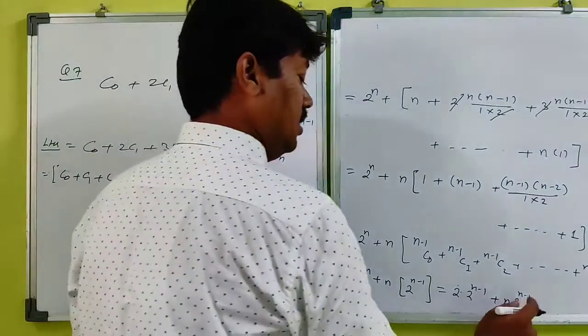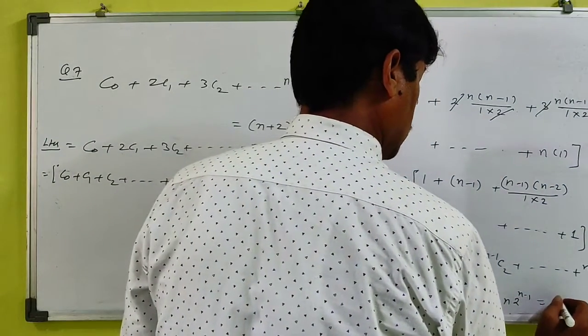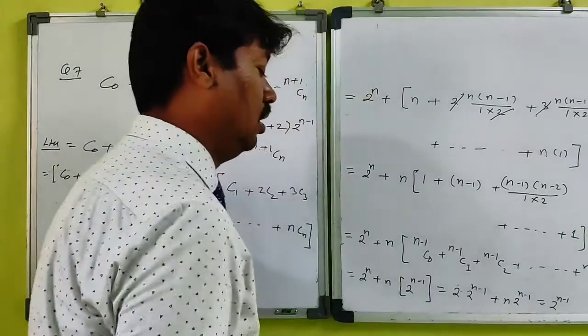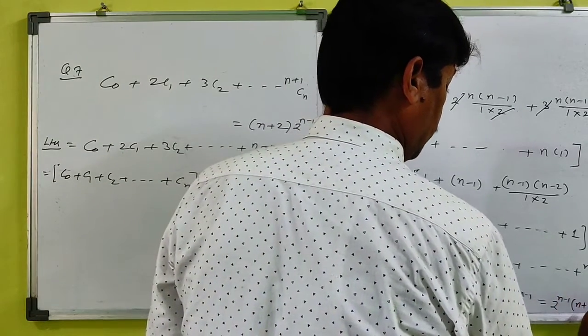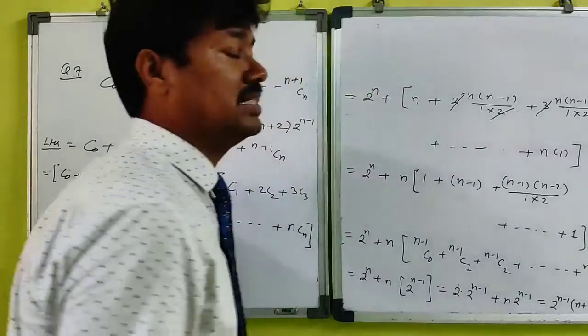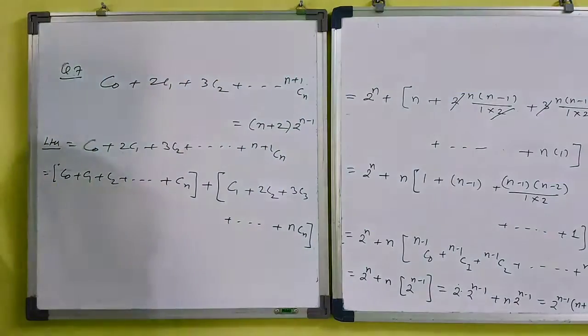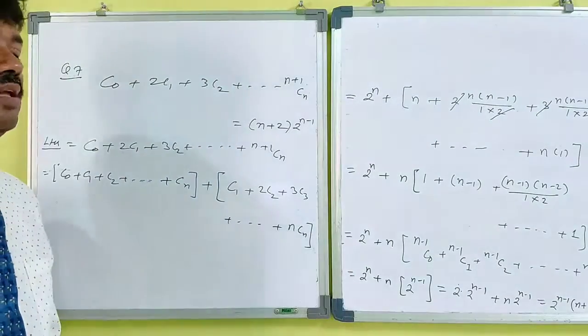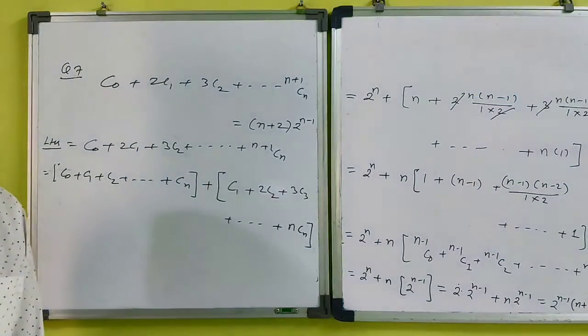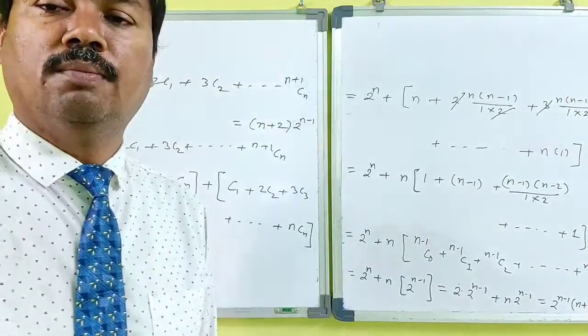And 2 raised to n minus 1 we can take as common. So inside, what remains is n plus 2, and that is your right hand side. So like this it is proved. Understood, beta? So it's a very simple expression. So you have to remember.